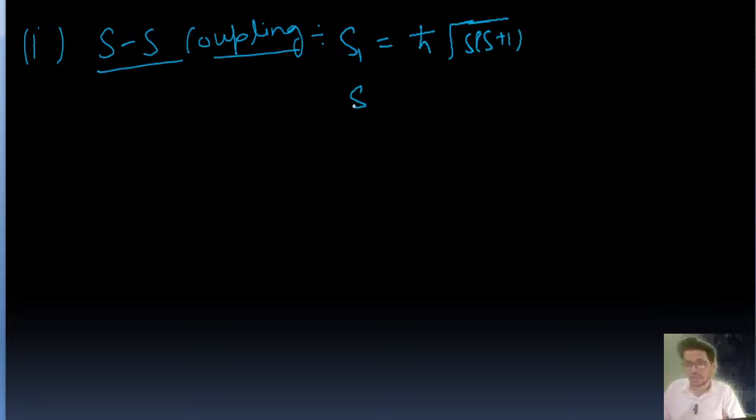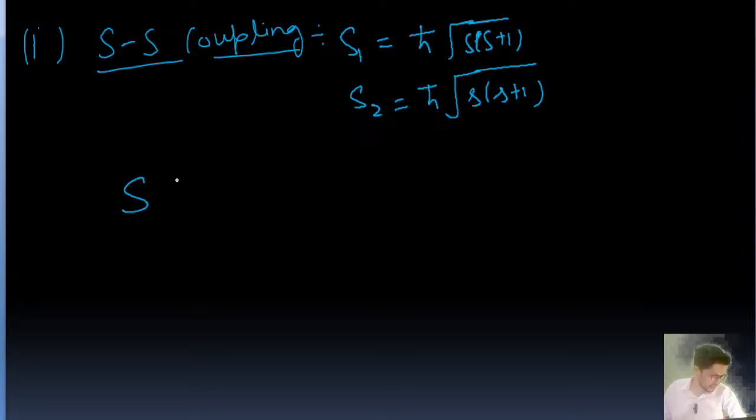This we know, I have already explained. And S2 is similarly h cut root S into S plus 1. Okay, this is S1, S2, and S is going to be mod S1 plus S2 to mod S1 minus S2. Okay, these are the values of S.